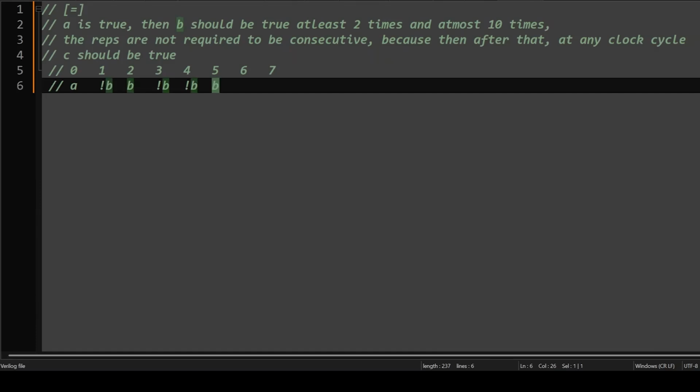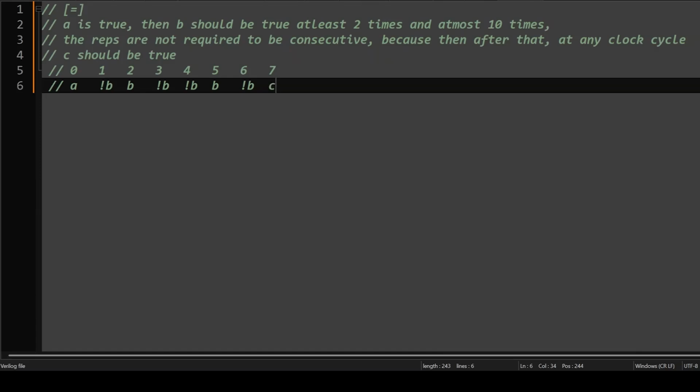When the last B is detected, C should be true right on the next clock cycle. It should be something like that: the last true B is detected, then C should be true. It can be like that B is not true here, then C is true.